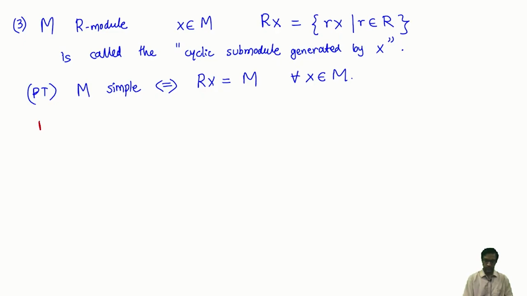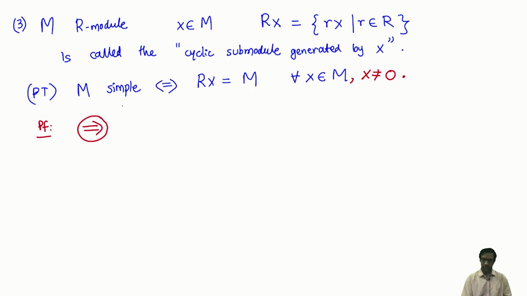So let's prove this. One direction again is very easy. If M is simple, then recall that meant that it has no submodules other than 0 and the whole, and here is a submodule. So I should say this is for x not 0, for all x in M other than 0. Of course, if I take x equal to 0, it just generates the 0 submodule.